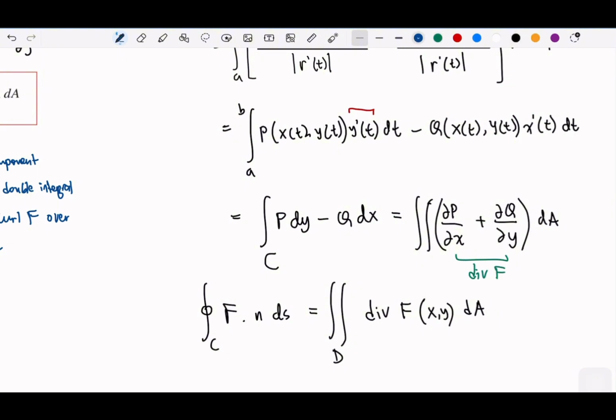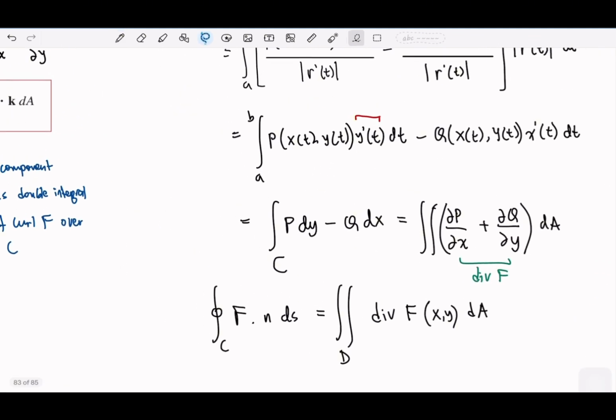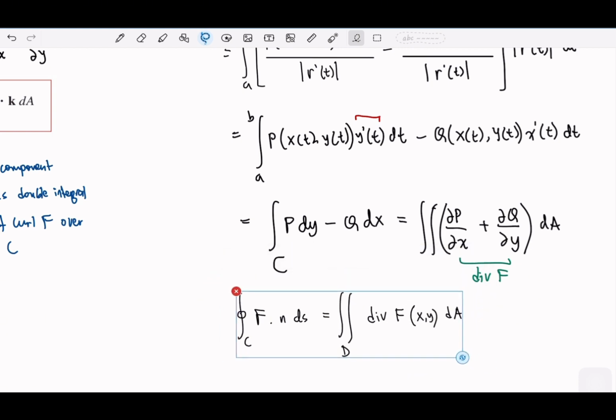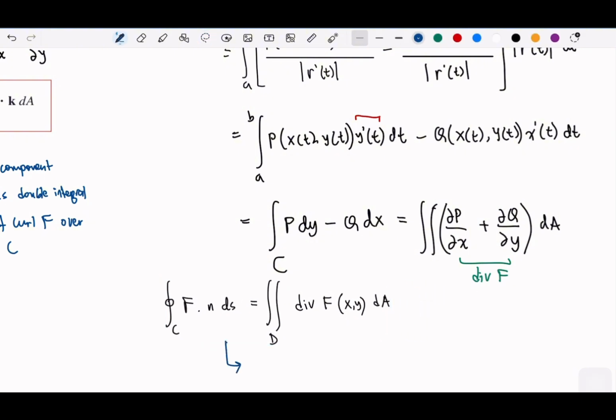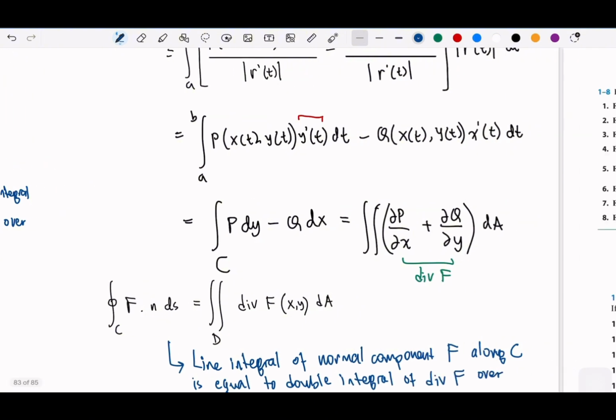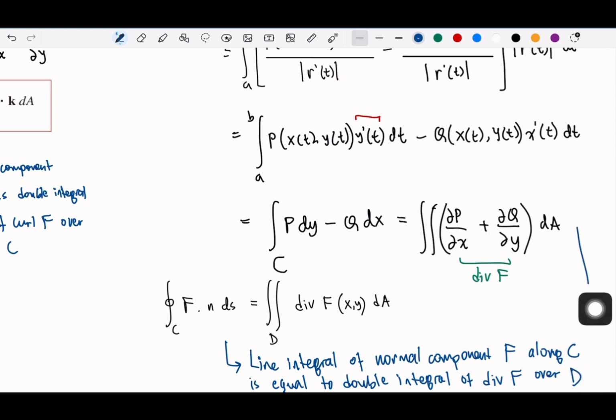So we could see that the line integral of the normal component of F along the curve C is equal to the double integral of the divergence of F over D, which is enclosed by the curve C. Okay.